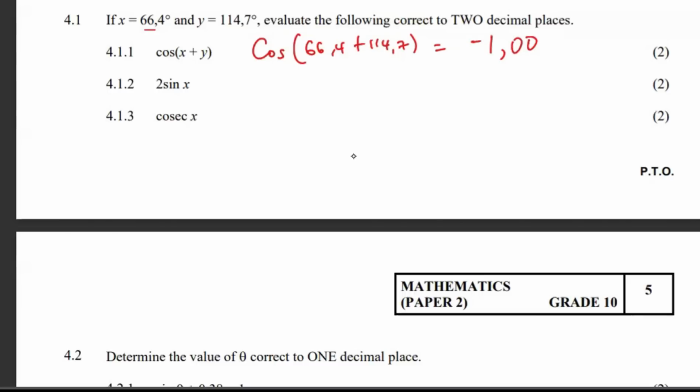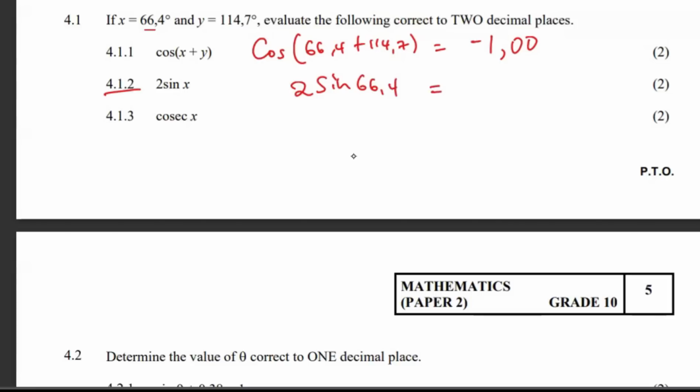Then apply for the second one, 4.1.2, replace x with 66,4. So that's going to be 2 sine 66,4. Or you can break this down and tell us 2 times what the sine of 66,4 is, but I prefer to write everything at once.